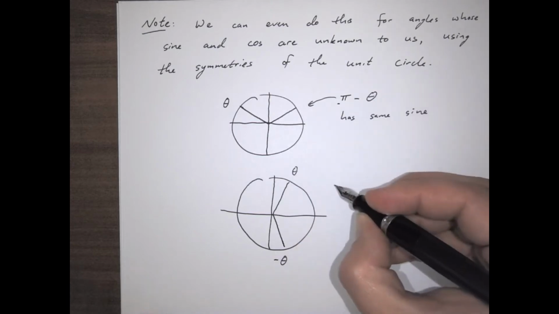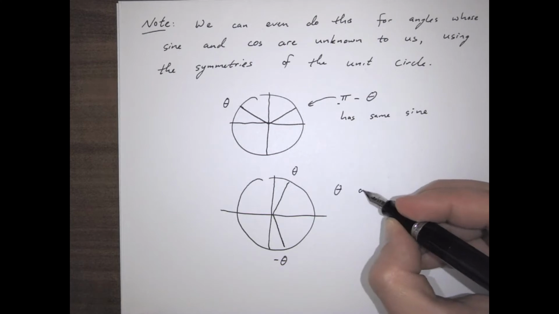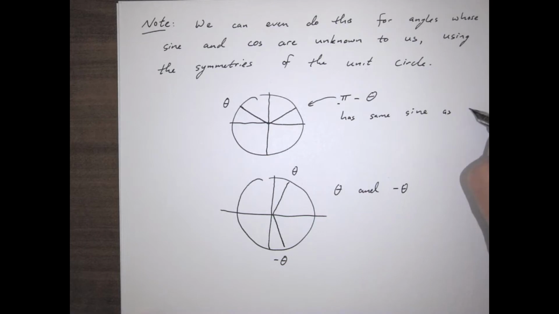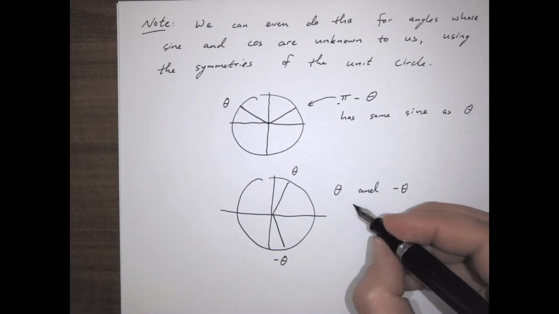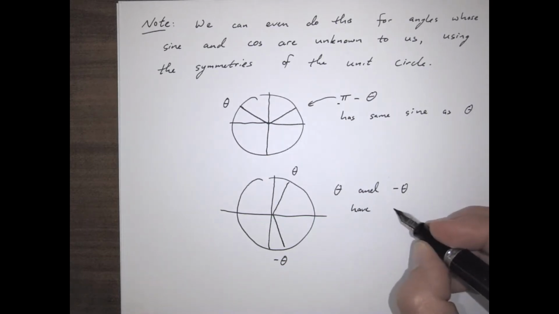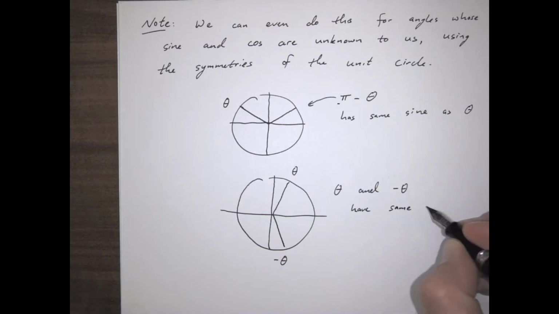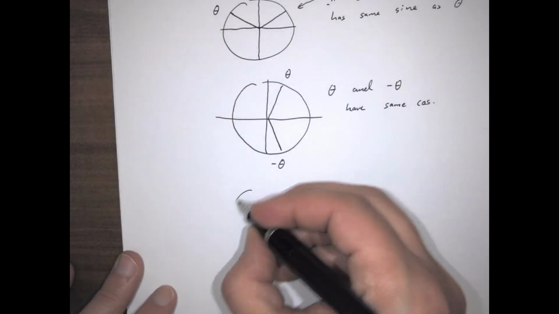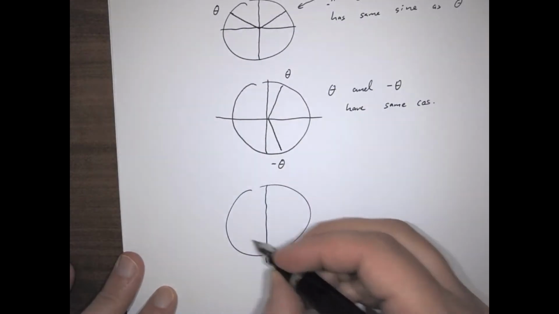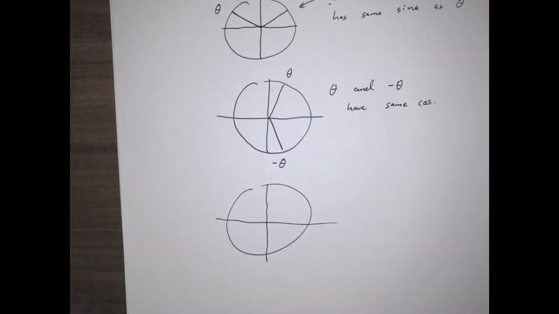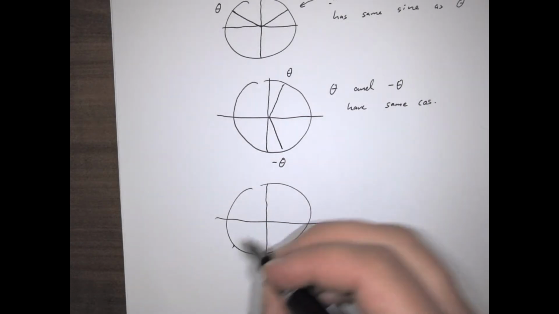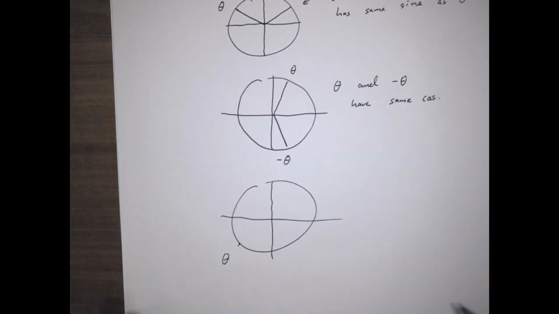So theta and negative theta have the same cosine. And then lastly, if it's tangent, then most likely what you just need to do to get yourself into the right quadrant is just add pi, or subtract pi, whichever is more convenient. Let's say your theta is over here, wrong quadrant.